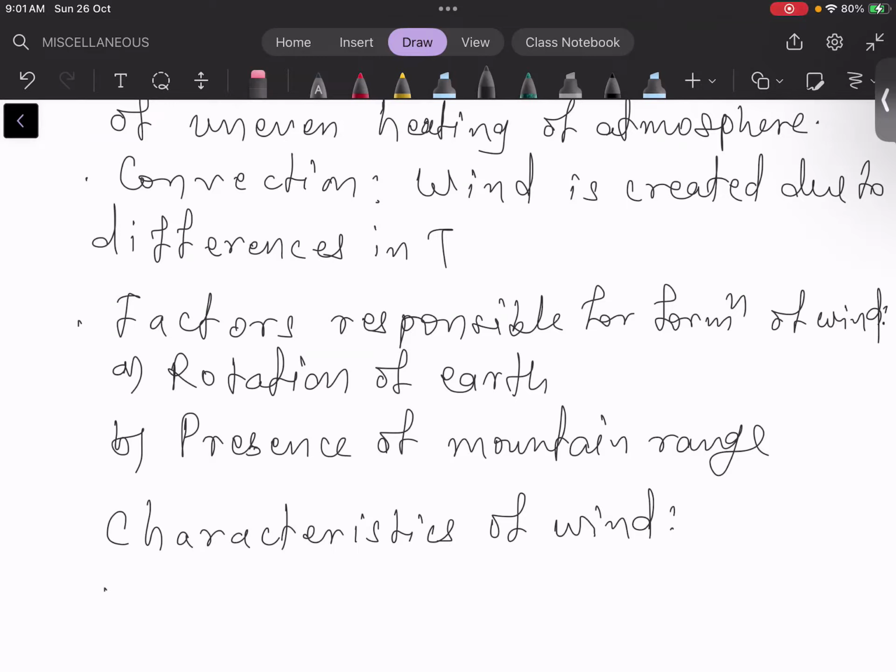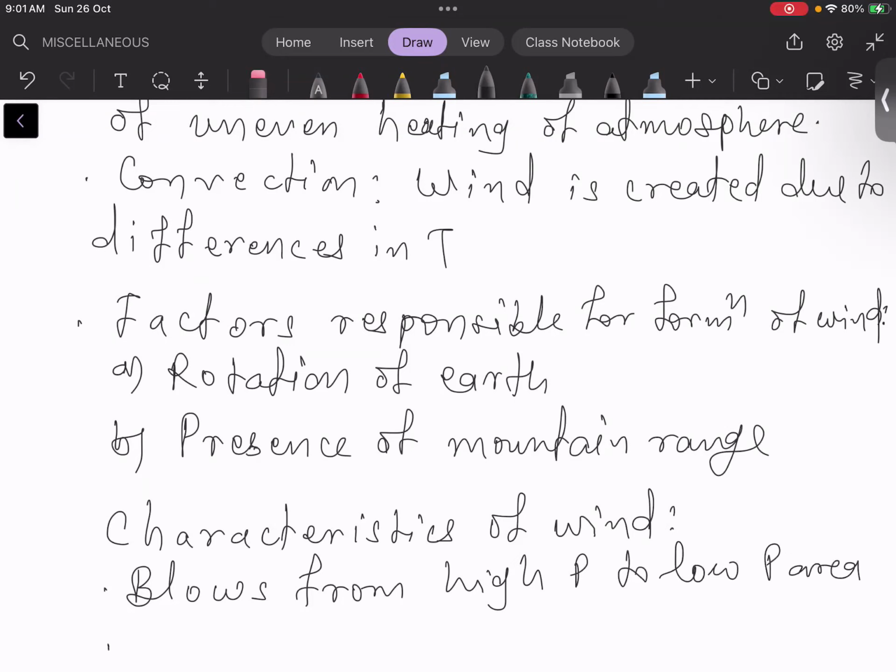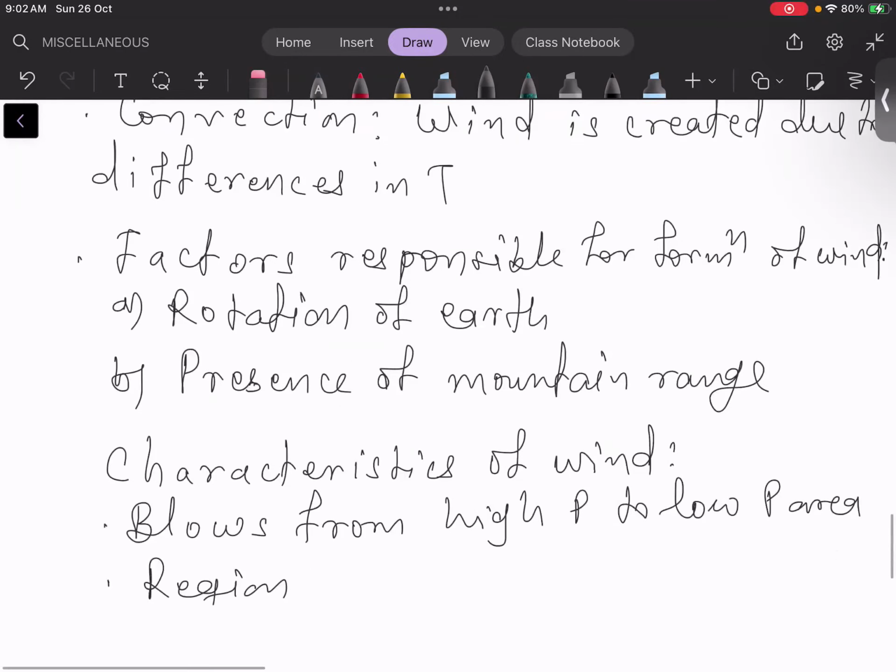Second, a region with high temperature has generally low pressure, as hot air moves up and thereby creates a vacant space in that area.